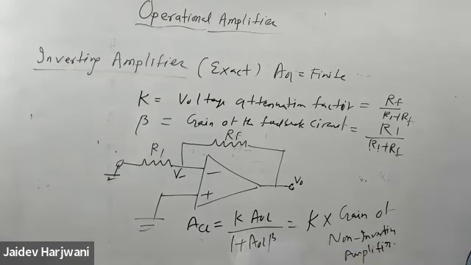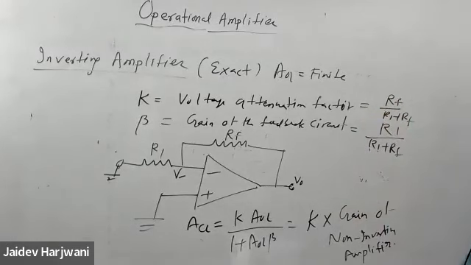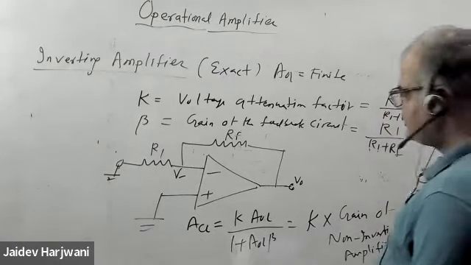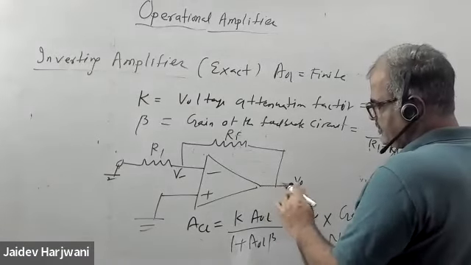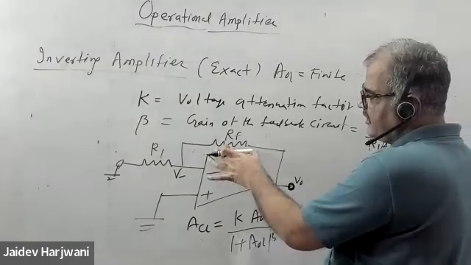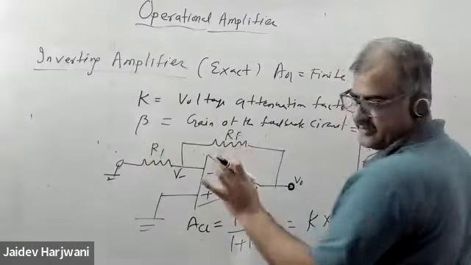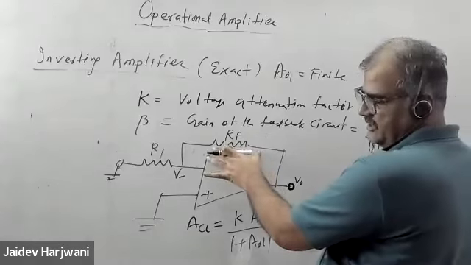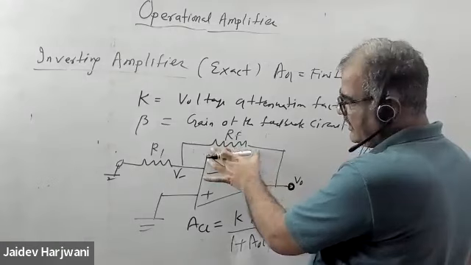Now I'm telling you this is an attenuation factor. You can understand it this way. Suppose your V0 is coming this way. This V0 is getting lost here, and the remainder comes here. You are consuming feedback voltage at RF, and the remaining comes here.